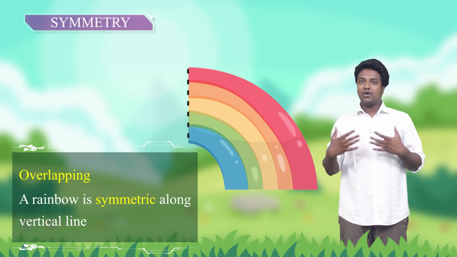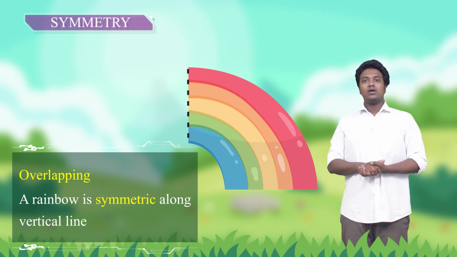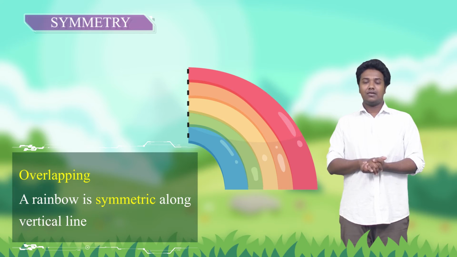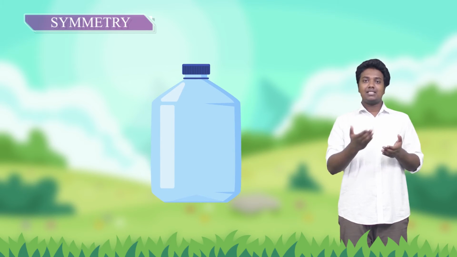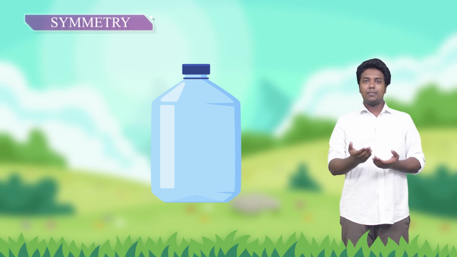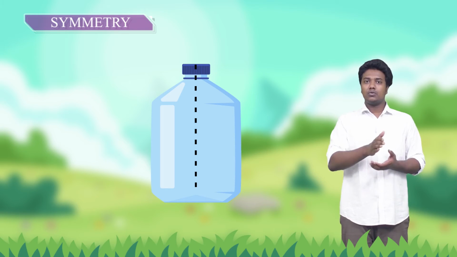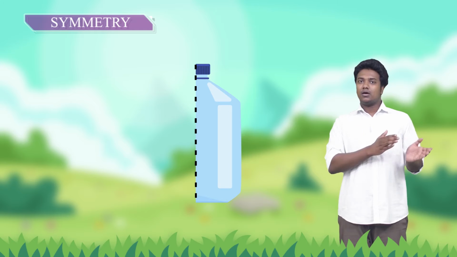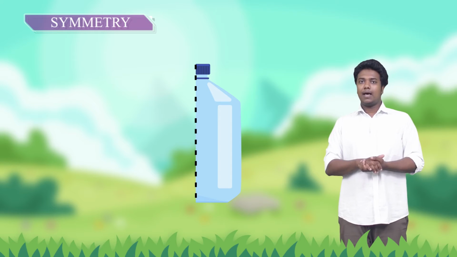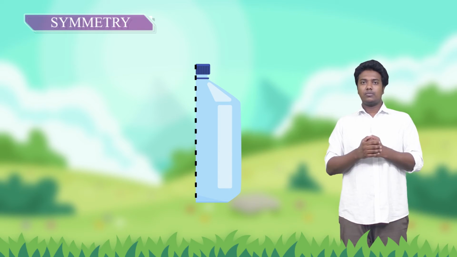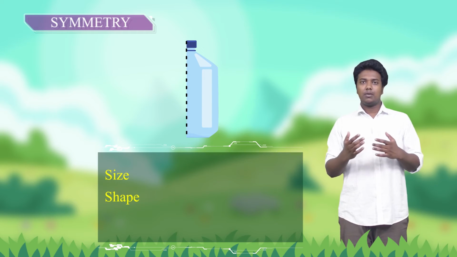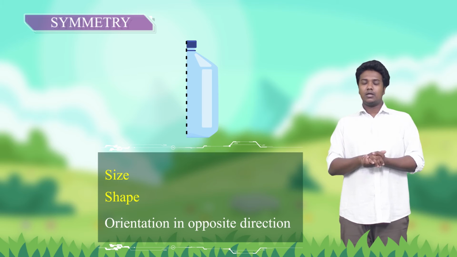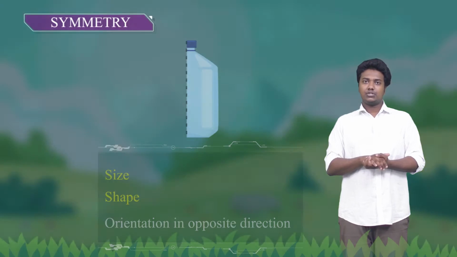In nature, you find so many different types of figures and objects which are symmetric. Even if you consider a plastic bottle, if you divide it into two equal halves and flip it, then the two parts overlap. Here, what you have to observe is that the size and the shape should be equal, but the orientation should be in the opposite direction.